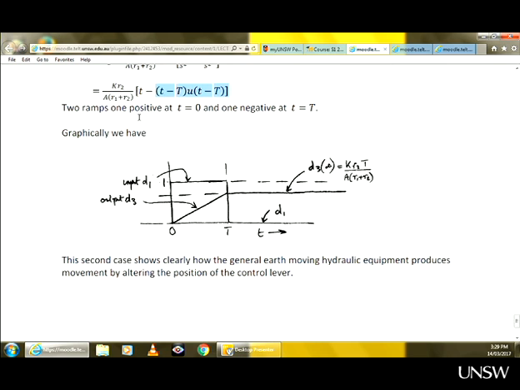If you try to plot this, first you have the ramp growing from 0 to T seconds. After this, the negative ramp will offset the growth, so it will stay constant. So in this case, your ram is not going to just jump to a new value. It is going to gradually reach the new value and then stay there.